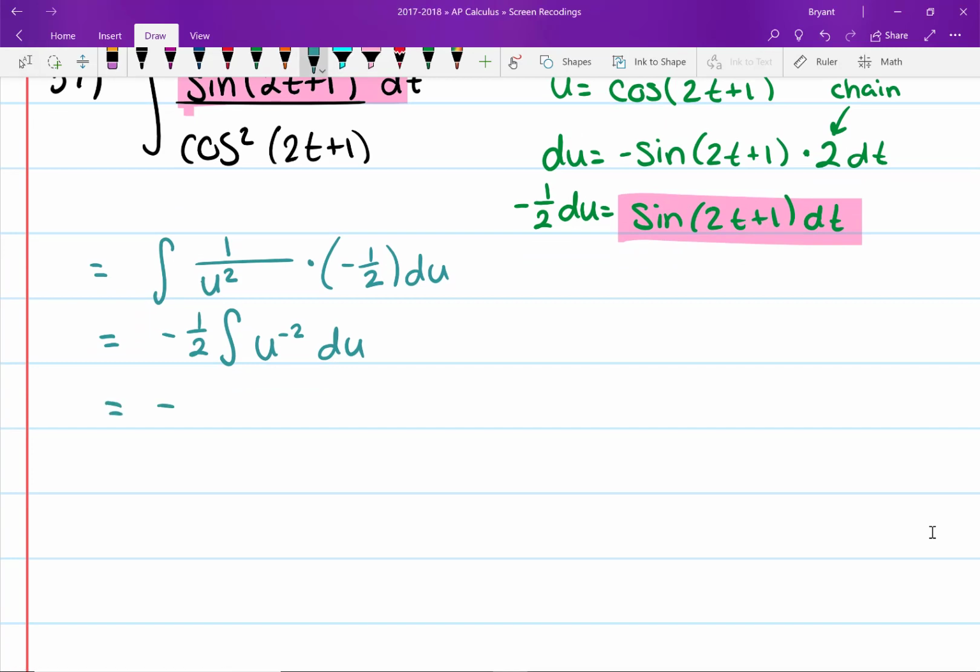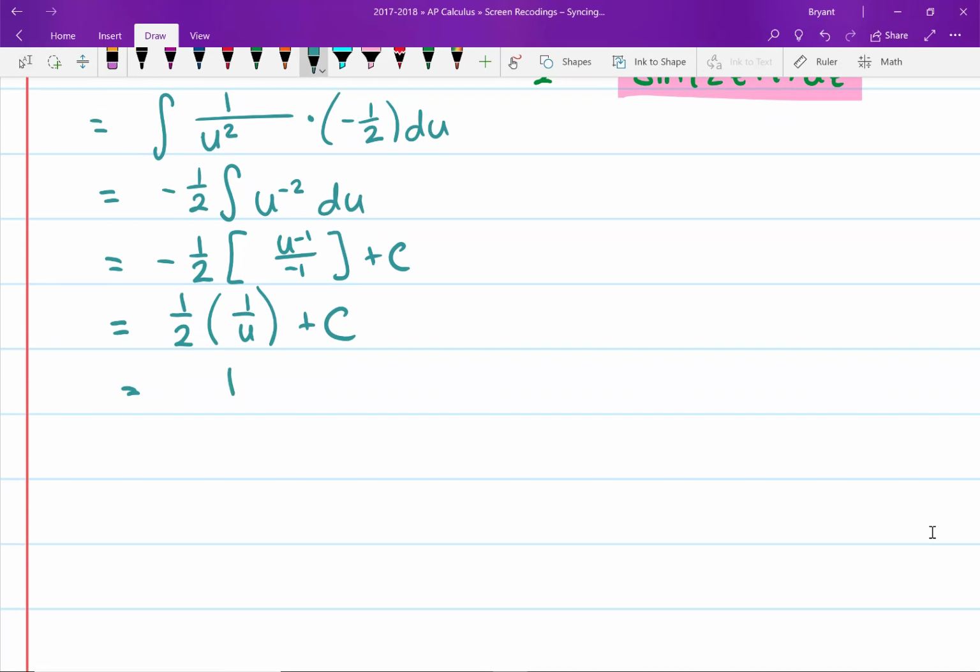The integral of u to the negative 2 power is going to be u to the negative 1 divided by negative 1 plus c. A negative and a negative are going to make a positive, so we're going to get 1/2 times 1 over u plus c. And that's going to give us our final answer, which is 1 over 2 times what we substituted back for u. So 1 over 2 times cosine of 2t plus 1 plus c.